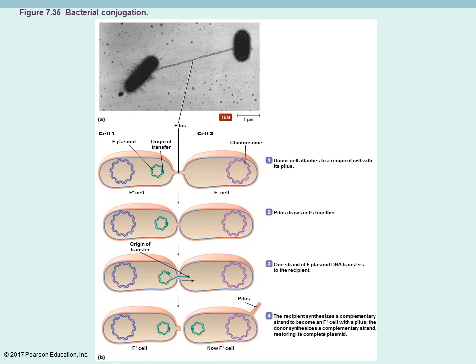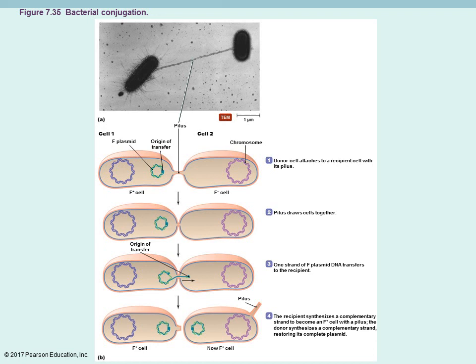Why you should be concerned about this process of conjugation and the transfer of plasmids is because on the plasmid is often where there are the resistance genes to antibiotics. So this is how antibiotic resistance is often transferred. The original cell, cell 1, with that plasmid may have been resistant to, let's say, erythromycin. And cell B was susceptible.